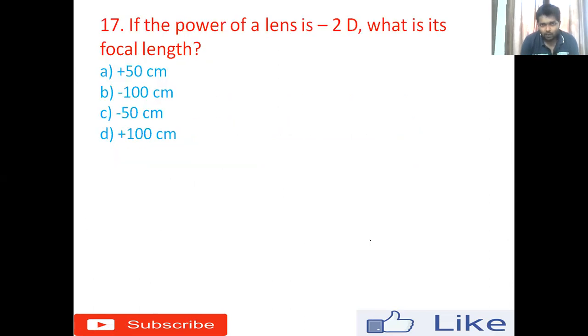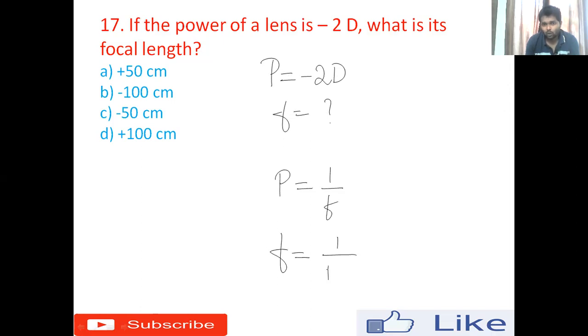17th one, if the power of the lens is minus 2D. D stands for diopter. Diopter is the unit of power of the lens, I already told you. So what is the focal length? See, power formula equals 1 divided by f. But they are asking you to find the focal length, so f equals 1 divided by P. Here 1 divided by minus 2, right?